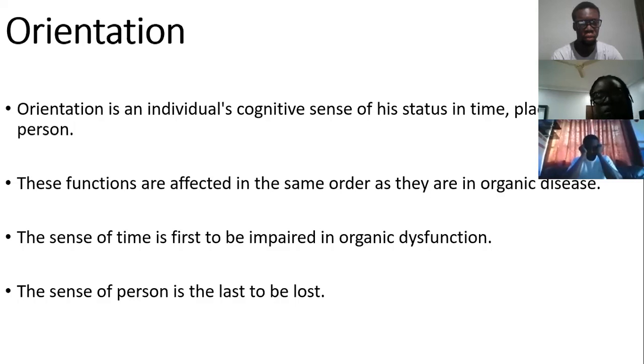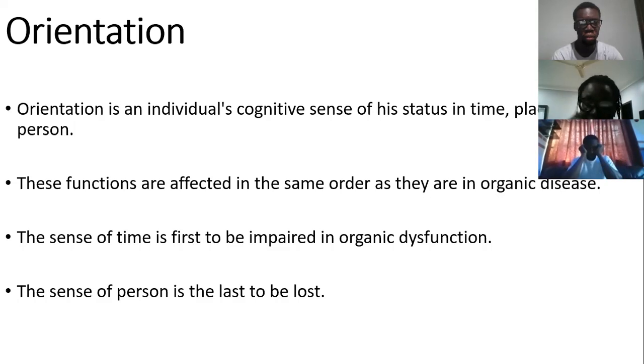Okay, so what exactly do I mean? For example, you lose the sense of time, and then you lose a sense of place, and then you lose a sense of person. That's the last thing to be lost. But a patient who has lost a sense of person but has an intact sense of time may be having a psychiatric problem. I hope you understand.